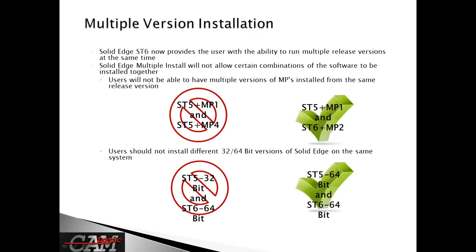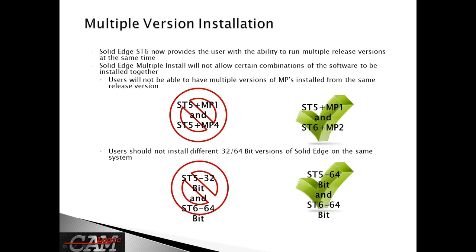Again, this can really come in handy. Maybe we're working with other companies that are working in different versions, but we want to work on another version of Solid Edge. We can go ahead and install new versions.